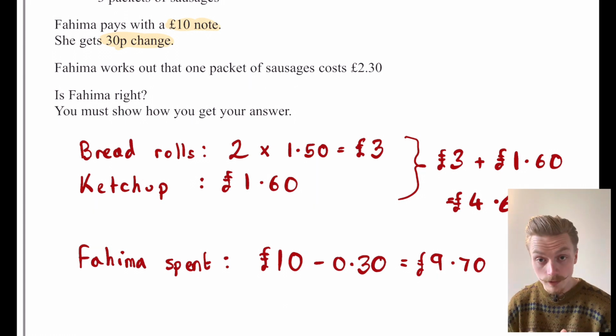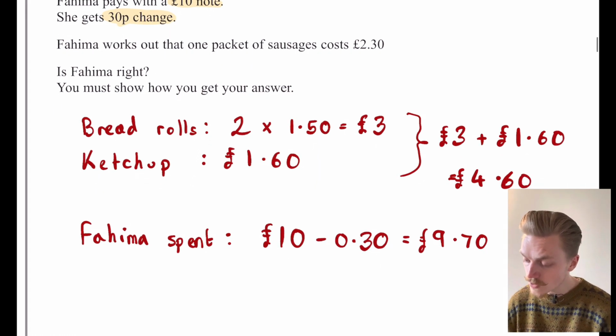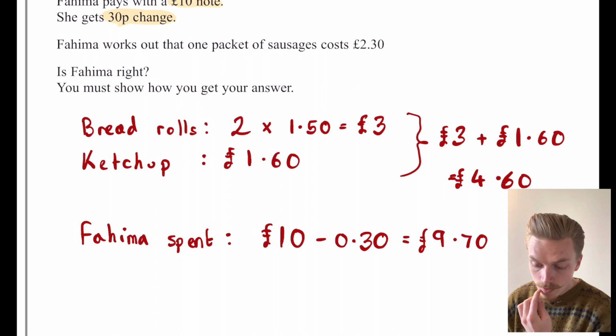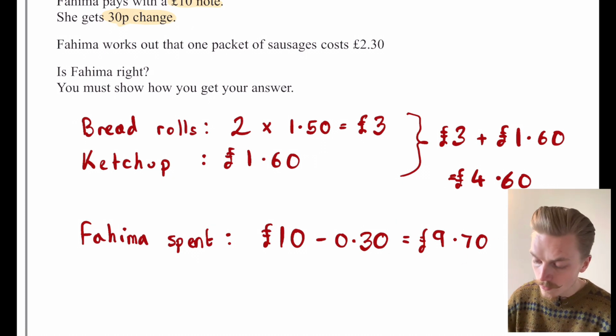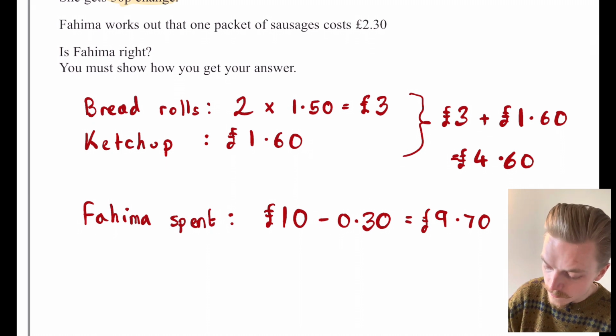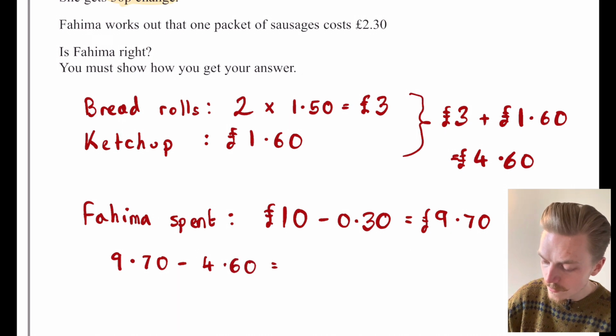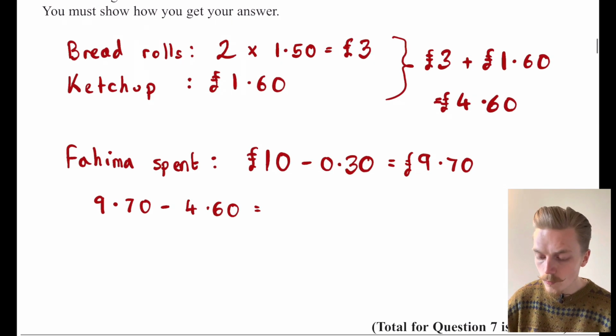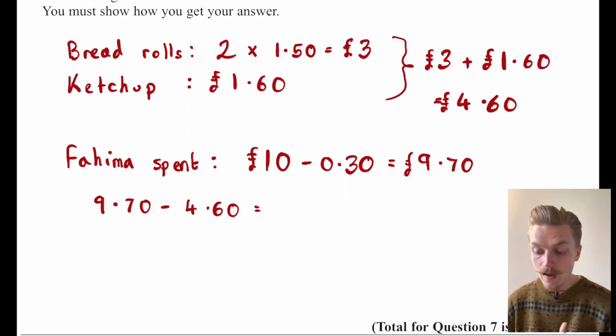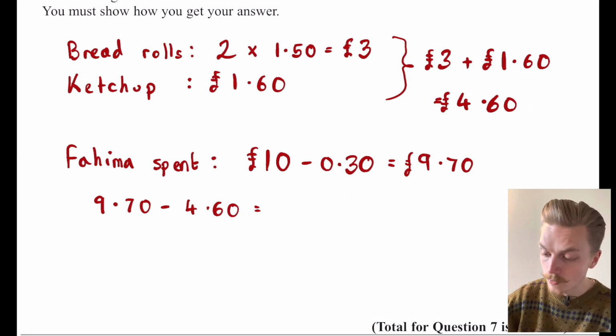Okay, we're getting closer to our answer. So if she spent this amount and £4.60 of it was on ketchup and bread rolls, so that means that all the rest of it is on sausages. So if she spent this much altogether, if I take away how much she spent on the bread rolls and the ketchup, £4.60, then I can work out how much she actually spent on sausages altogether.